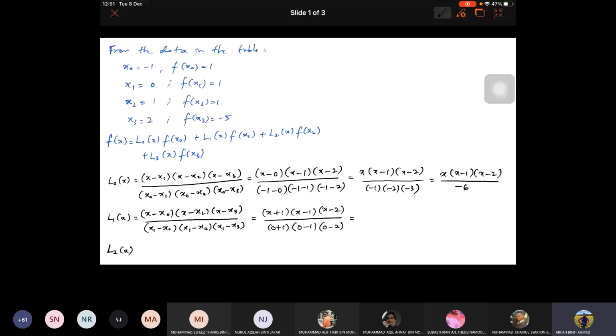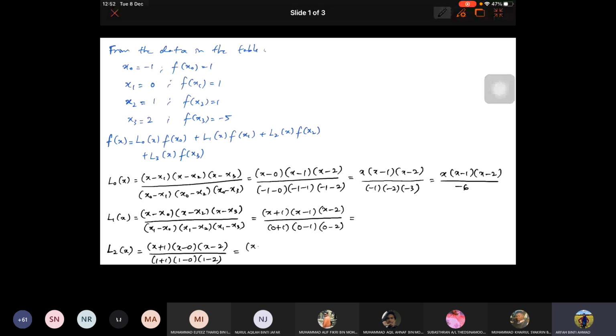Then untuk L2x, awak tengok formula dia, malas pula aku nak tulis. So dia jadi x plus 1, x minus 0, and then x minus 2. Divide by x2 is 1 tambah 1, x2 is 1 tolak 0, x2 is 1 tolak 2. Okay.